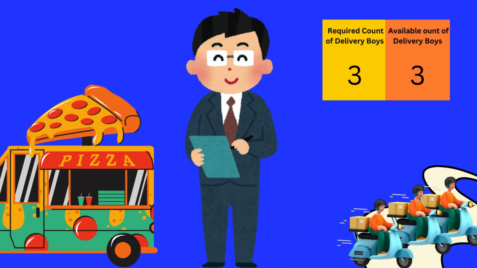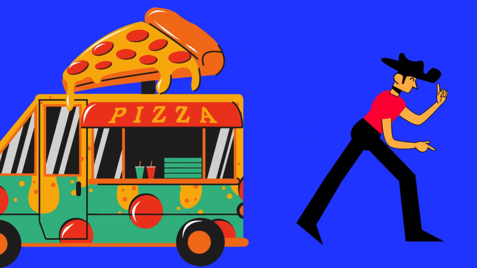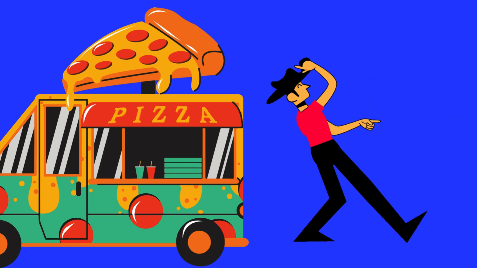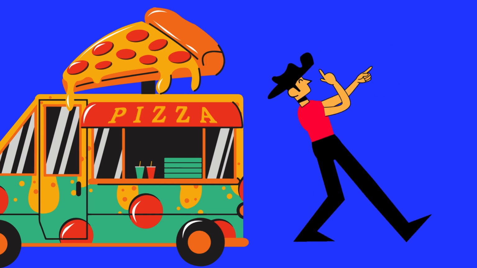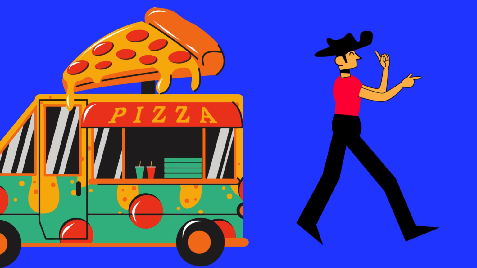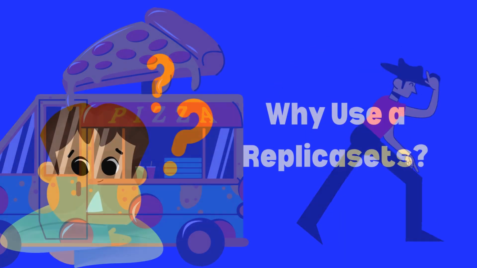Later, when things slow down, the manager changes the board back to 3 delivery boys on shift. Some delivery boys leave, representing scaling down to adjust to the new desired state. So the manager of the pizza shop is now satisfied as the right number of delivery boys are always available, just like how a replica set ensures that the correct number of pods are always up and running.